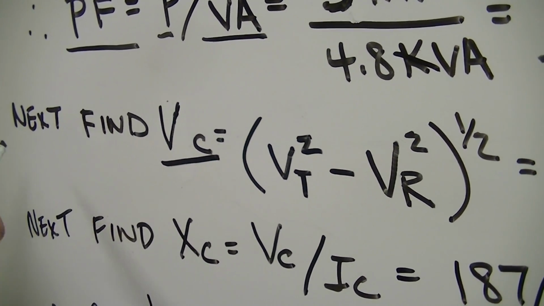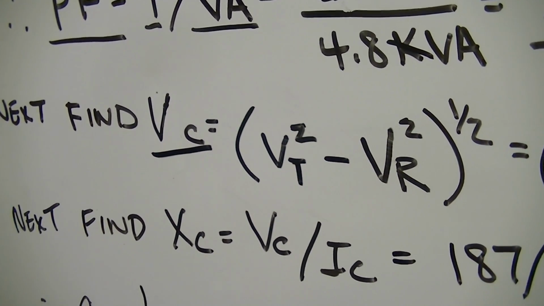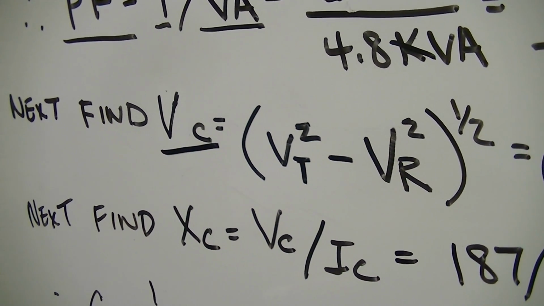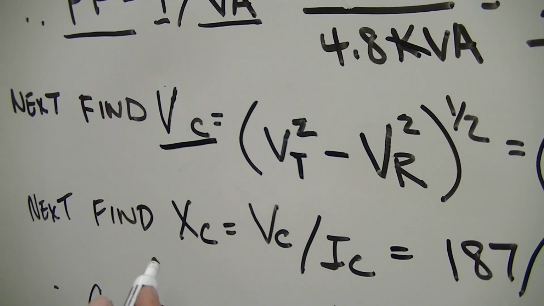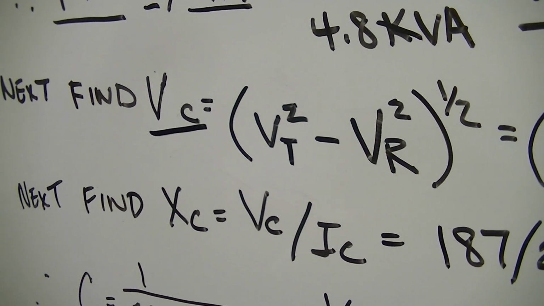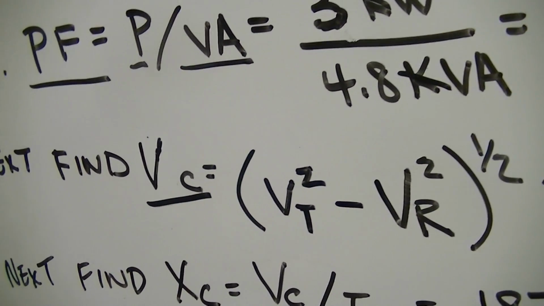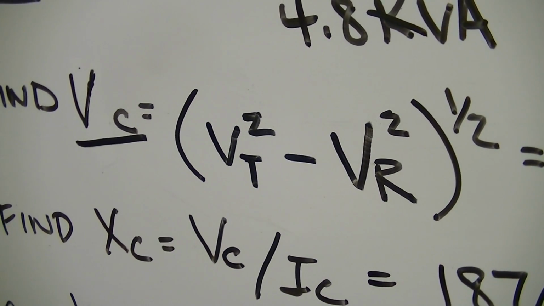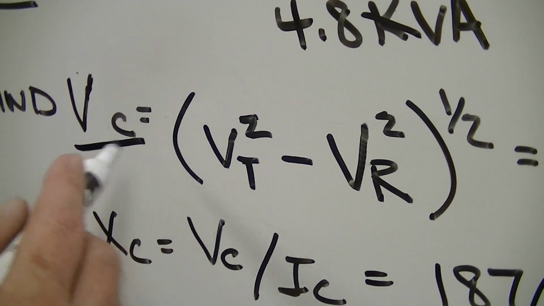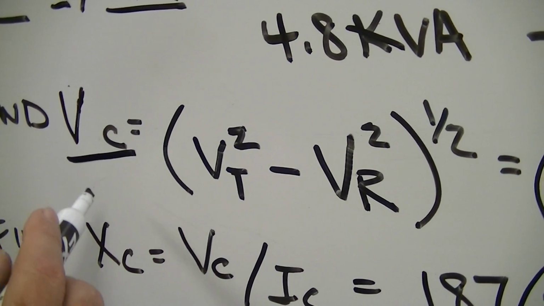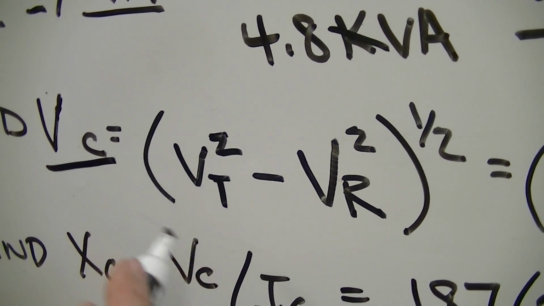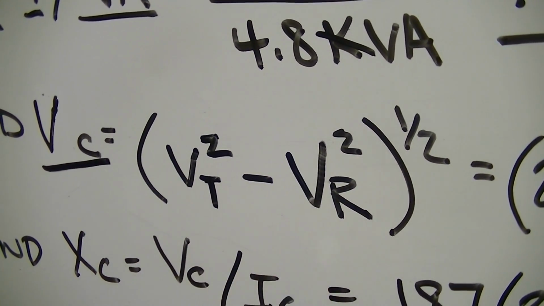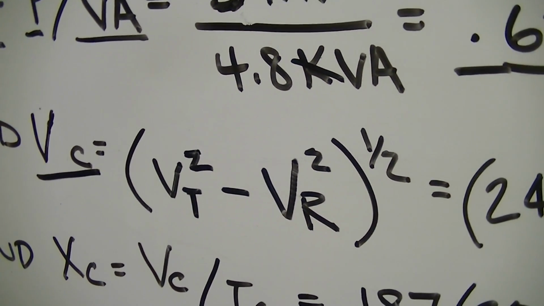Okay, so now I figured ultimately I need to get the reactance of the circuit to be able to figure out the capacitance. So with that in mind, we're looking at, again, a Pythagorean theorem here. The one that I'm looking for is going to be equal to the total squared minus the resistive voltage squared.